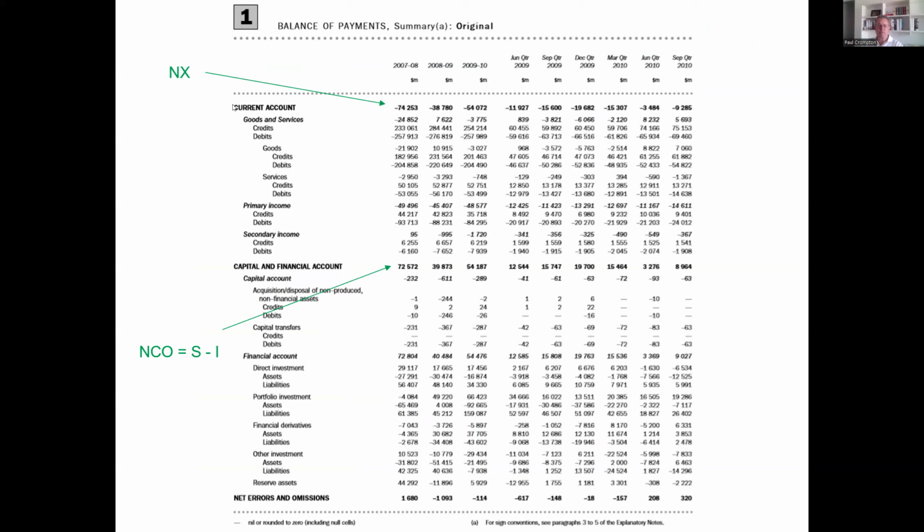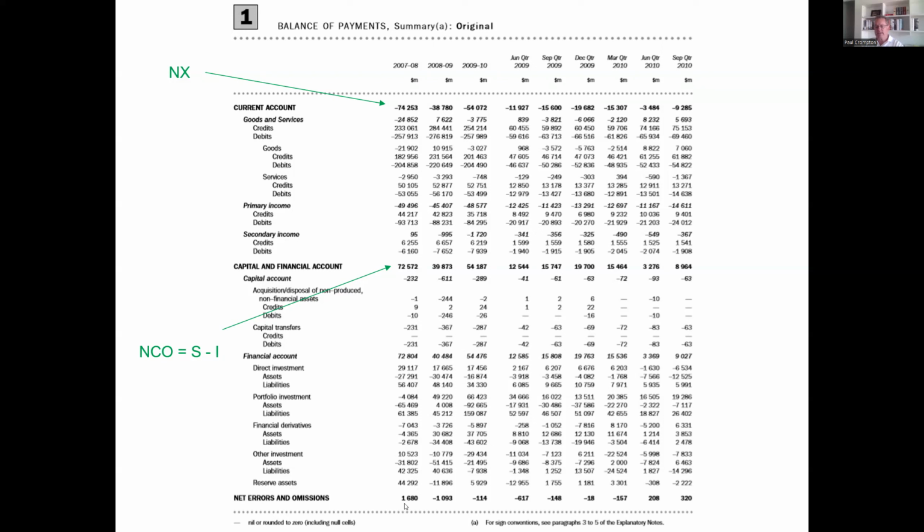The second thing you need to appreciate is that the current account balance plus the capital financial account balance sum to 0. So this number here, minus 74.253, and positive 72.572, I see those as effectively the same number, and they're close enough, they sum to 0.